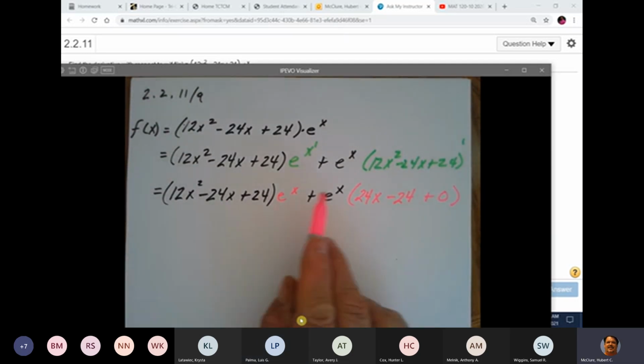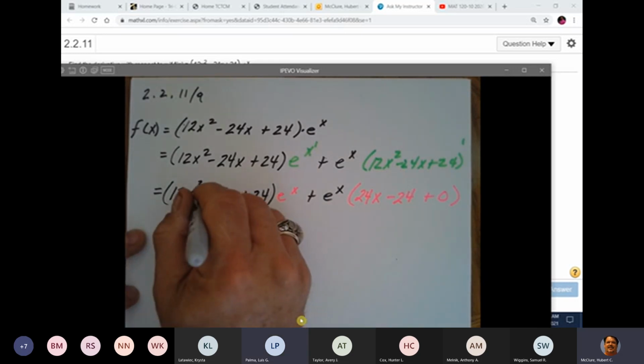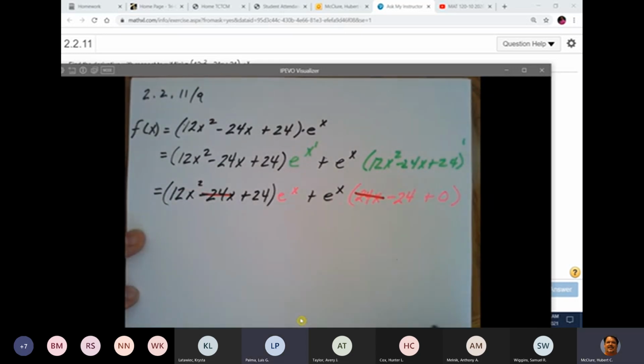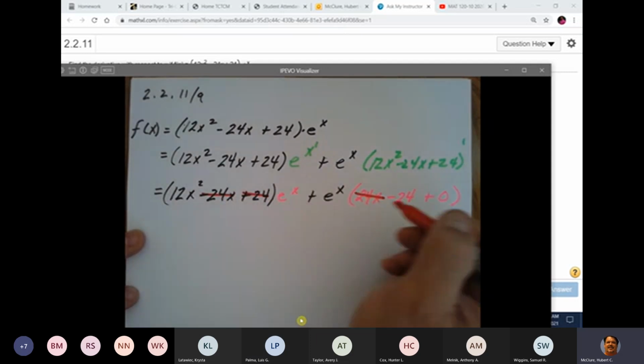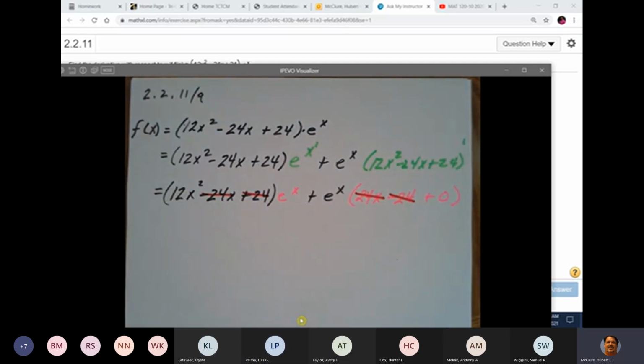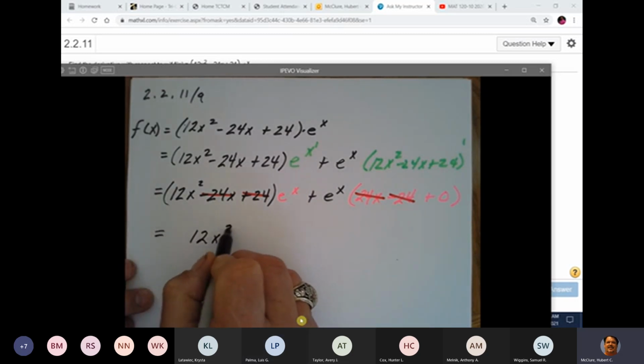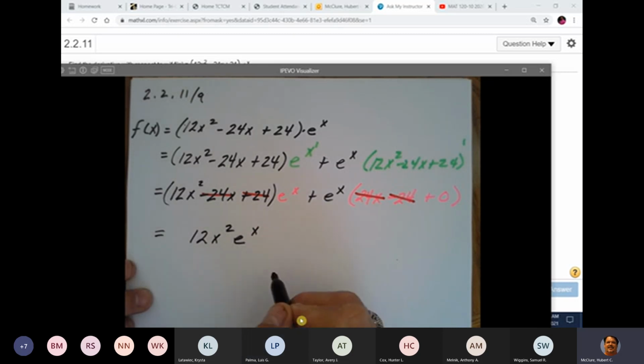And since these are combining like terms with the plus, what happens to the 24x? They cancel. What happens to the 24s? Cancel. So we're left with 12x squared e to the x plus e to the x.